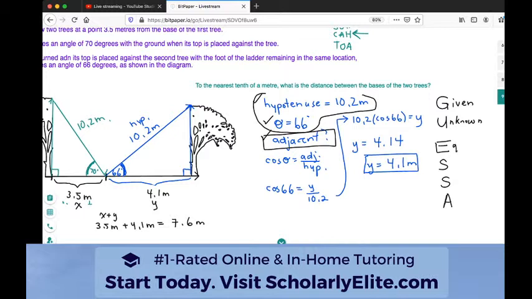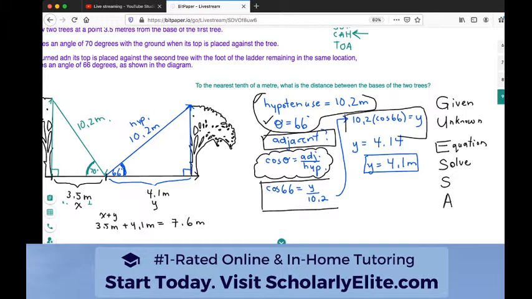Then I write the equation that I'm going to use to solve, which I did right here: the cos of theta equals adjacent over hypotenuse. That's my equation. And then I'm also going to write the solve. So the solve is this part here where I'm actually doing the solving. And then I write my solution, and my solution is this part here.